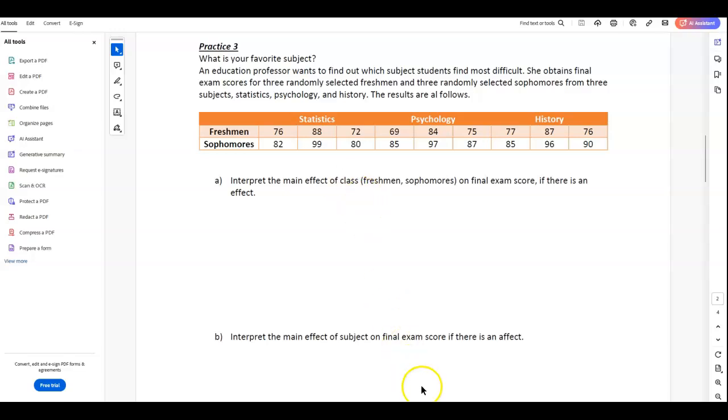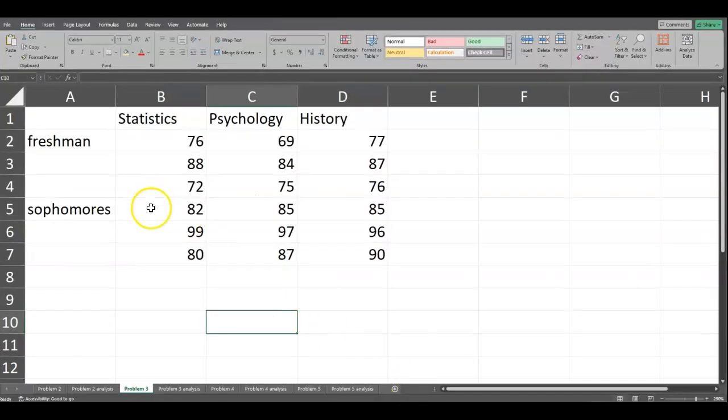So I did want to show you that you do need to reorganize, putting these 3 for freshmen and then statistics going down the side so that we can tell it these 3 rows belong to each one. I'll go to ANOVA so you can see what I'm talking about. As you can see, when you change it, let me highlight.